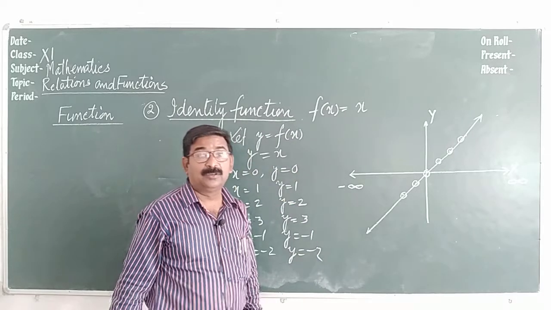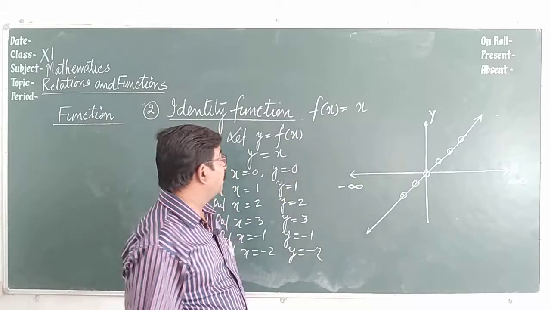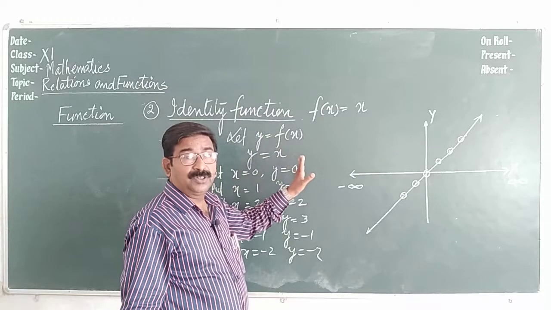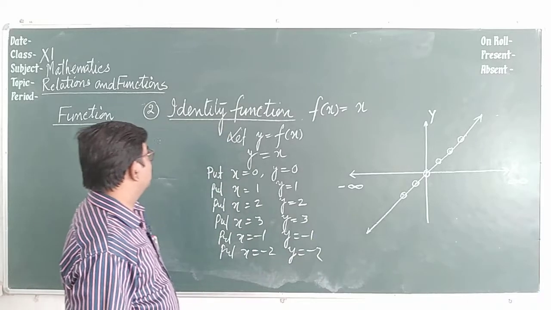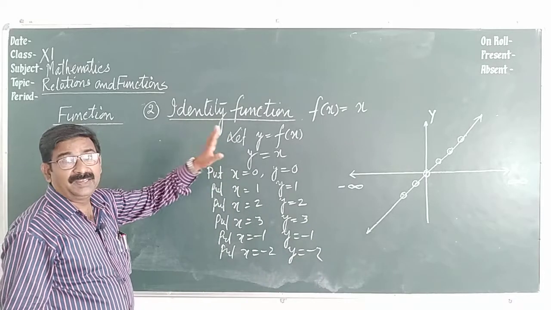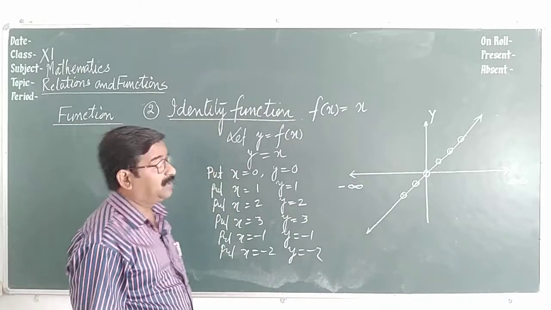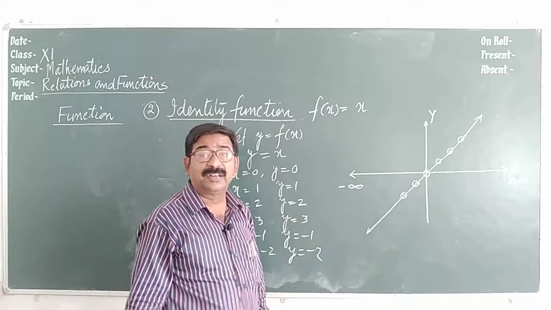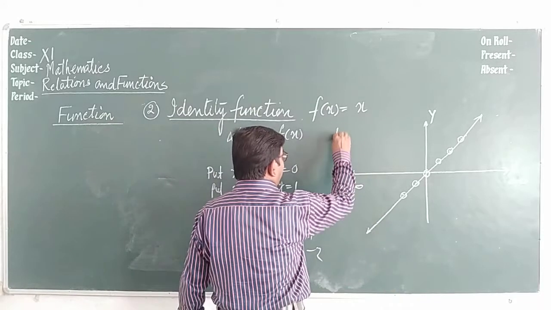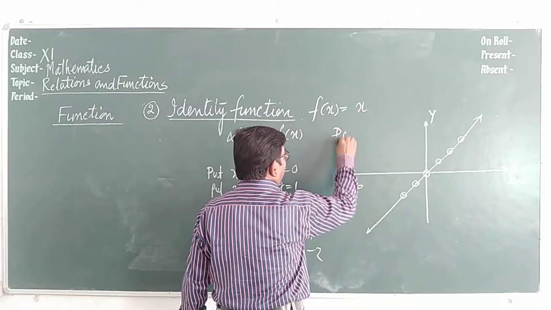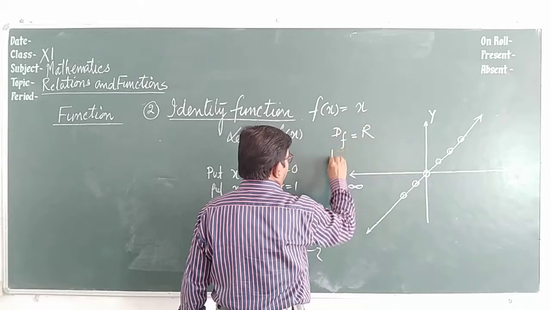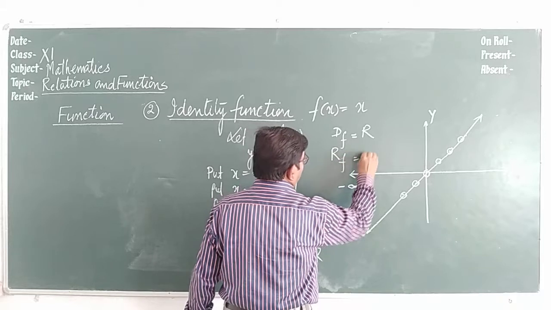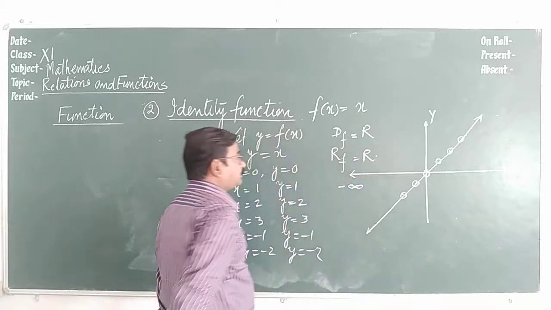So what is the conclusion for this kind of function? The conclusion is that the domain and range of the identity function is always all real. So how to write? We write like this: domain of function is all real and range of function is all real.